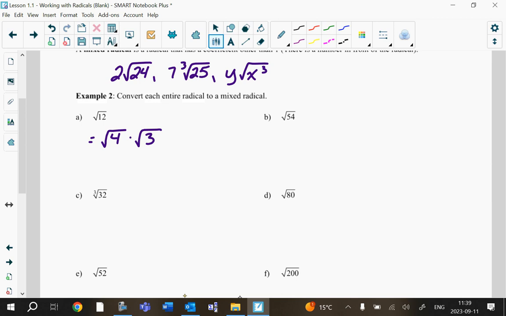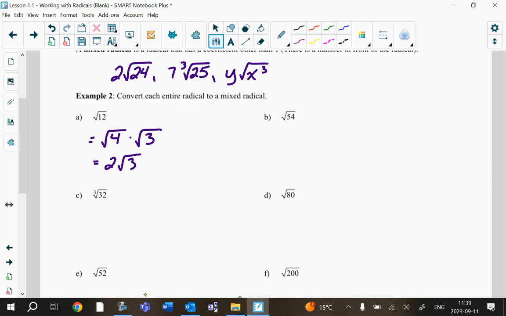Why did I do that? Because there's an easier way to say square root of 4, which is 2. And we don't want to use a calculator and go to decimal. I can't do anything with square root 3, so I just leave it. And instead of putting the multiplication dot, I could just put them beside each other, and that means multiplication.